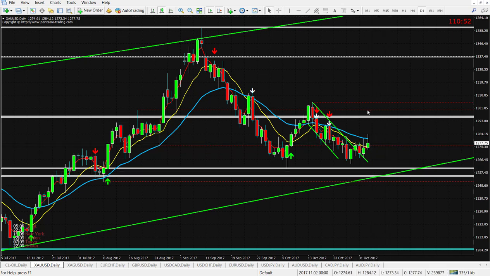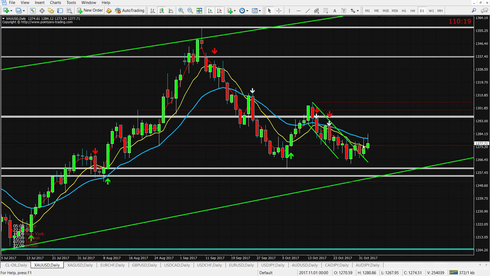This is a zone between these two resistance areas, and the price has been fluctuating between these two probably for the past month, between about 1300 and 1260, about a $40 price range. So let's see what happens to this pin bar, maybe next week or tomorrow.